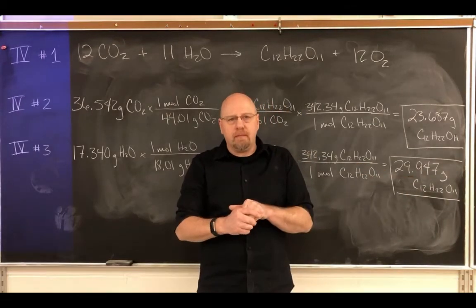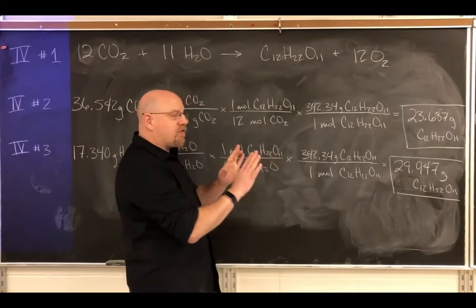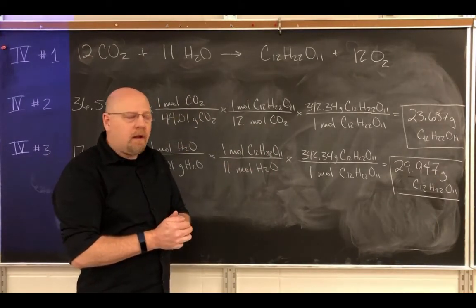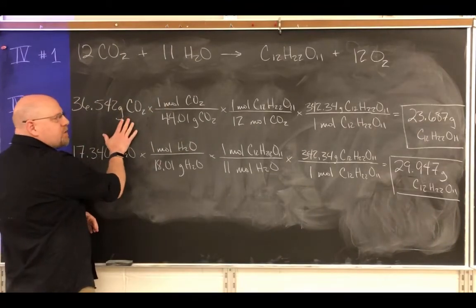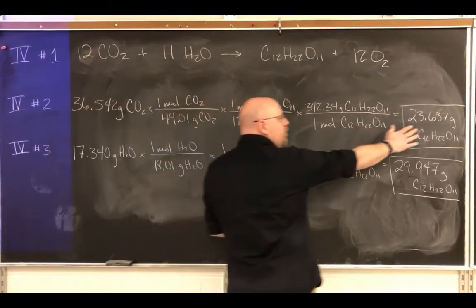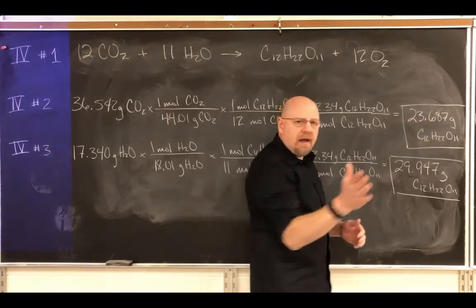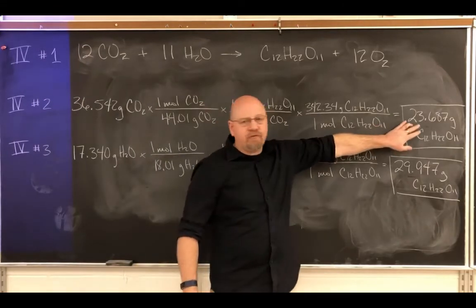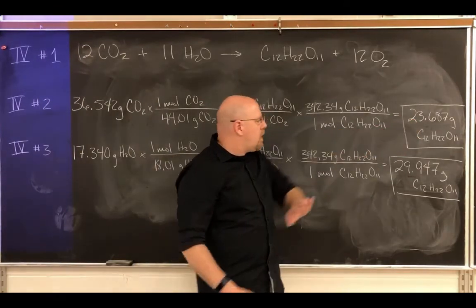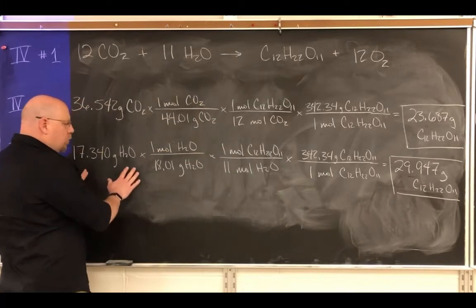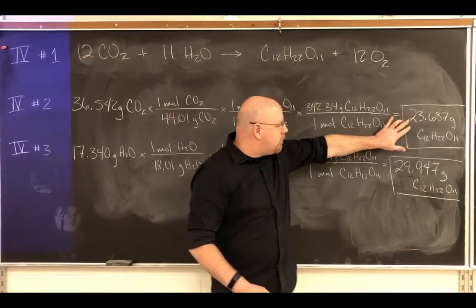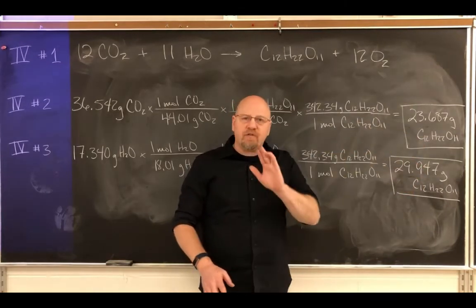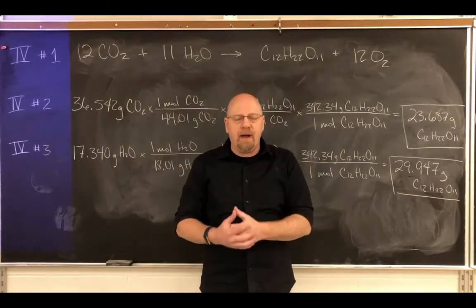But here's the problem. Our reaction stops when one of the compounds runs out. Our reaction is going to stop when we make 23.687 grams, because carbon dioxide can only make that amount of sucrose. The water can make more, but the reaction is going to stop when you run out of a compound.